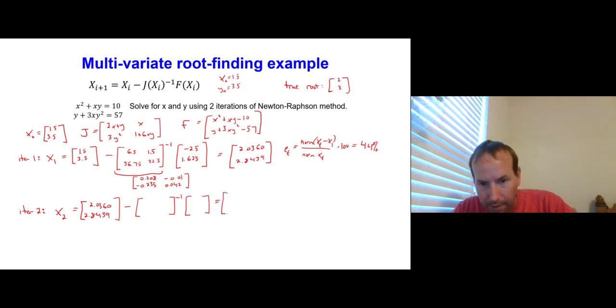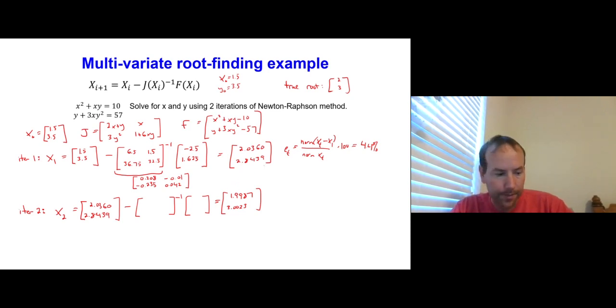The final answer that you should get if you plug in all those numbers is 1.9987, 3.0023. So you can see that after 2 iterations, you get very close to the actual answer.